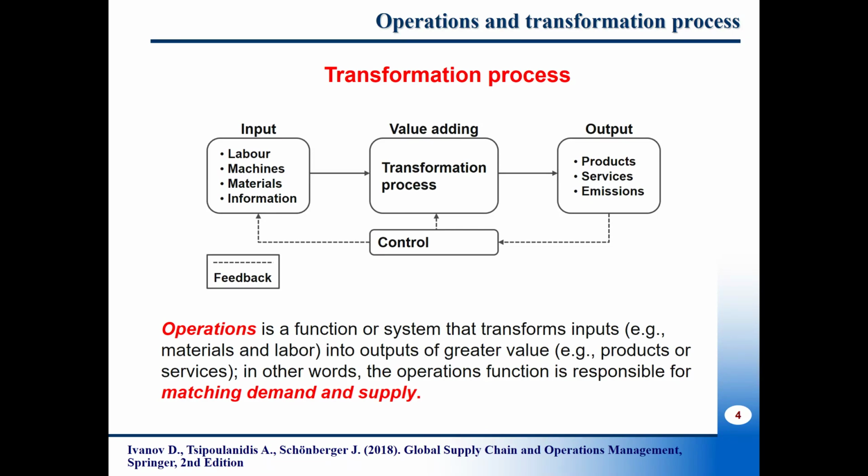As an input, we can have labor, machines, materials, and information. As value adding, that is the transformation process, that is what we can produce by utilizing this input. And the output should be what we need to deliver to our customer. It can be products, services, or also emissions.